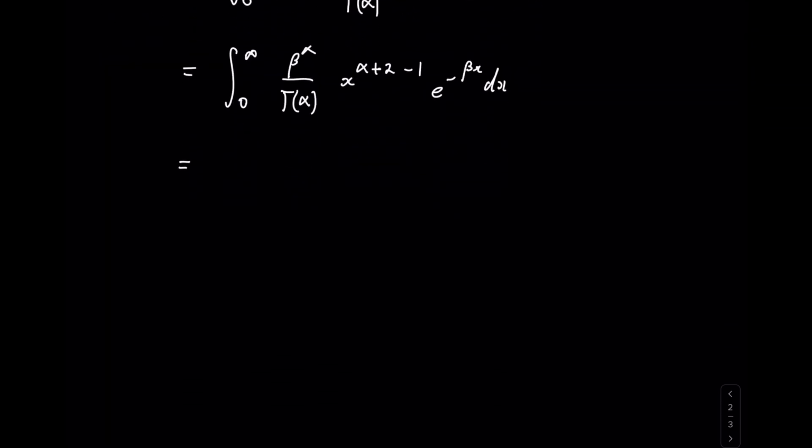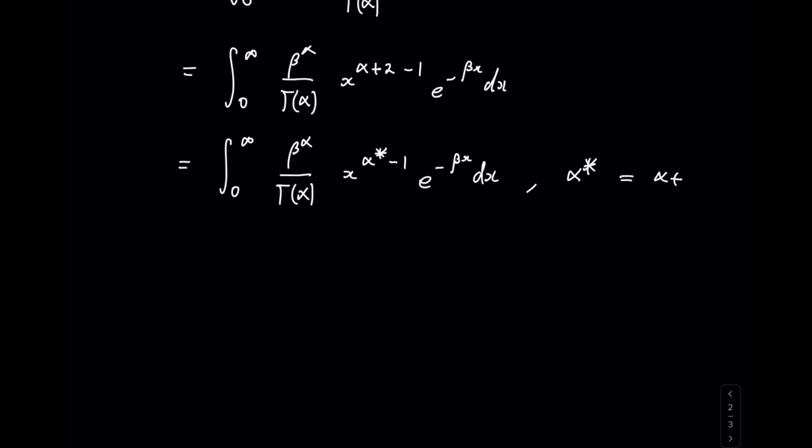Again, we're going to use a similar and identical technique, where we label x to the alpha star minus 1, e to the negative beta x dx, where alpha star is in this case equal to alpha plus 2.